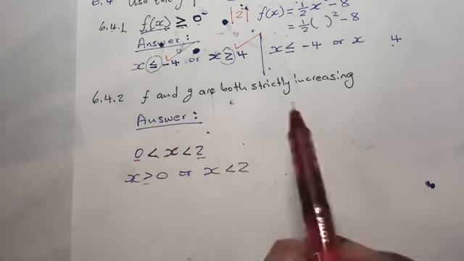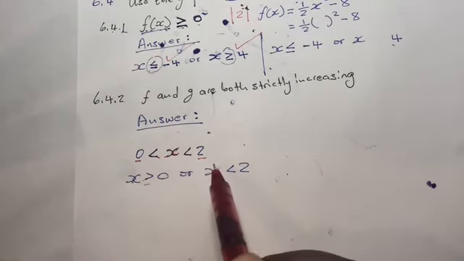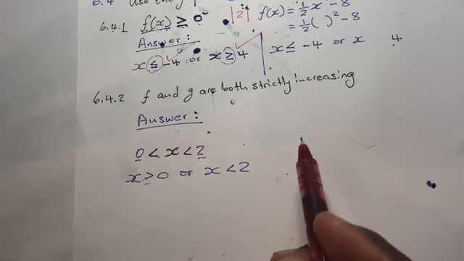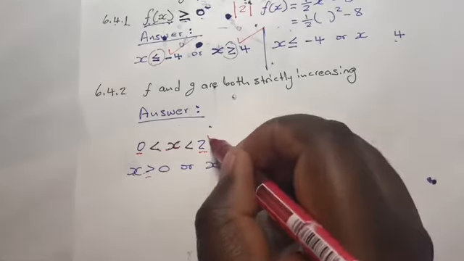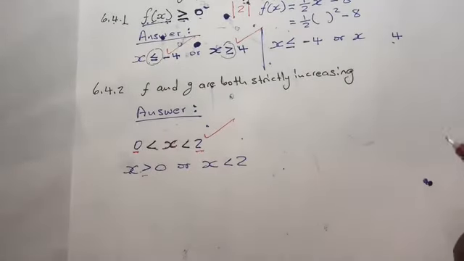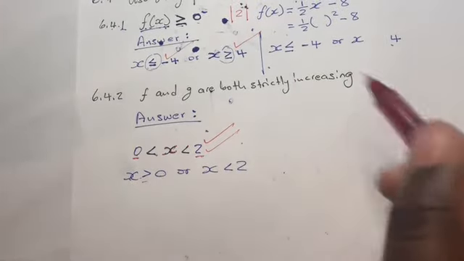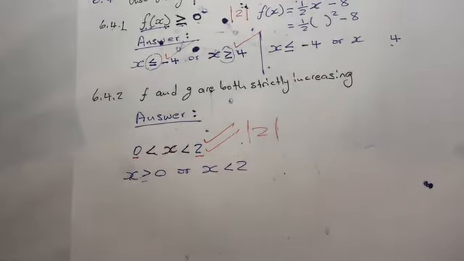Can you see? So it's either you write it this way or you write it that way. In terms of giving you the marks, we give you 1 mark for the answers and the second mark for the correct notation. So this question is also allocated 2 marks.